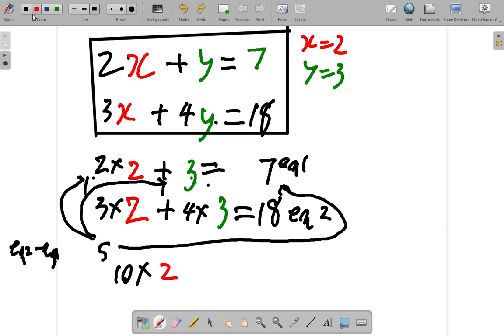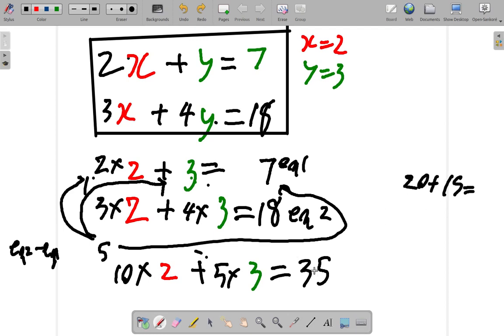So you have 10 2's plus 5 multiplied by 1 3, that will give you 5 3's, equals 5 multiplied by 7, 35. Does this work? 10 2's, that's 20, plus 5 3's is 15, equals 35. Good.